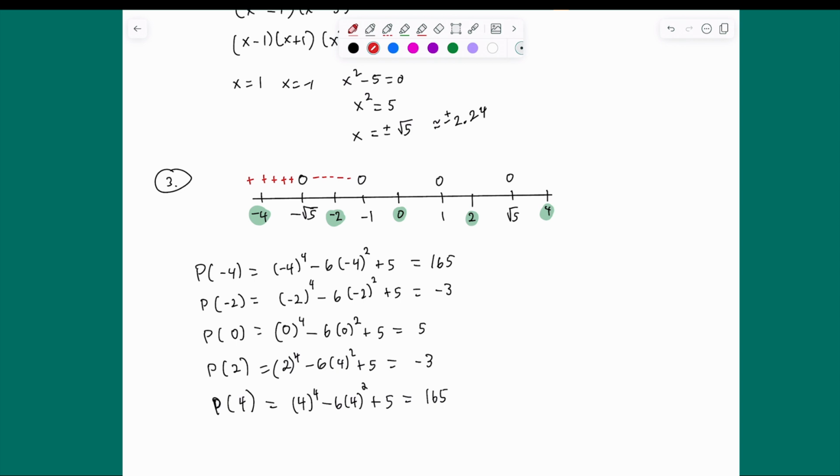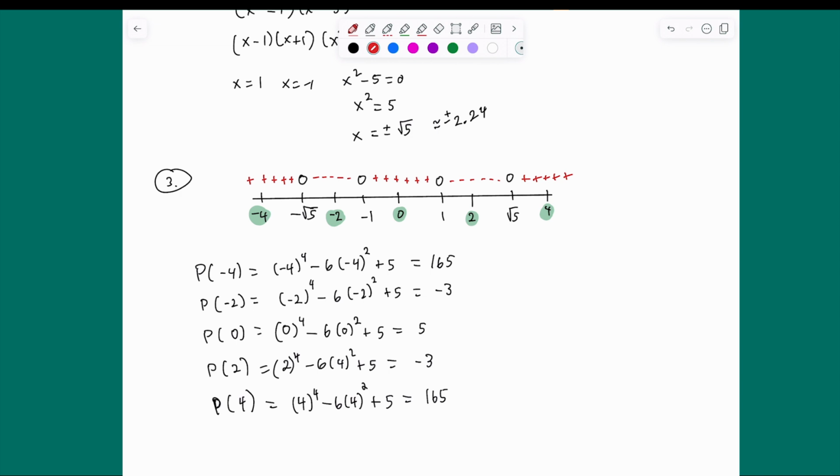In between negative 1 and 1, our test value of 0 gives a positive 5, so it's positive. Between 1 and root 5, we took a test value of 2 and got a negative out, so the polynomial is negative in that interval. And from root 5 to positive infinity, we took a test value of 4 and got a positive out, so we get a positive sign there.